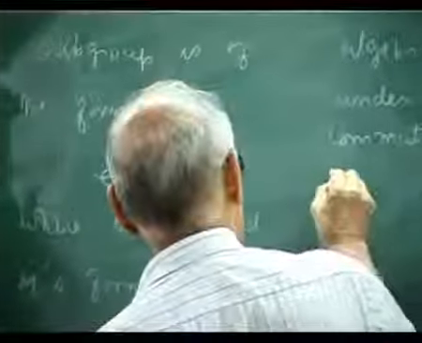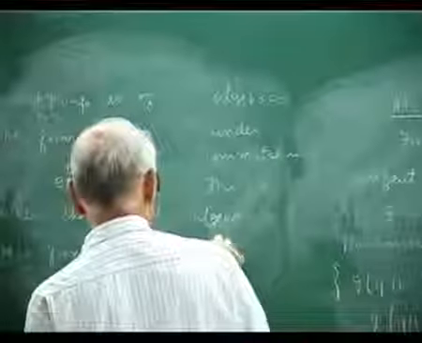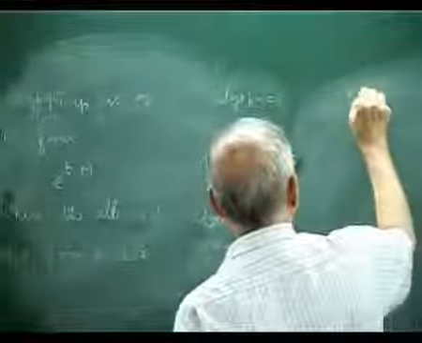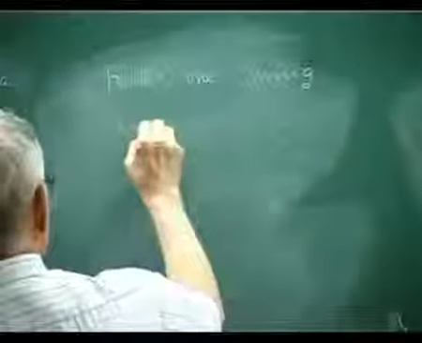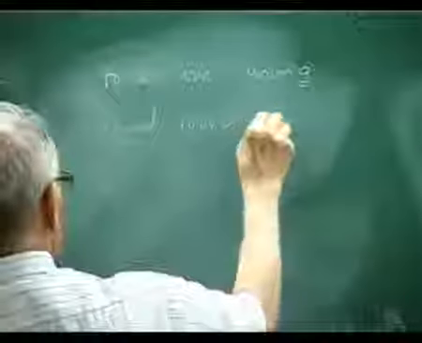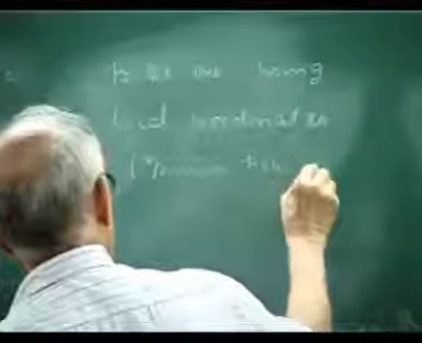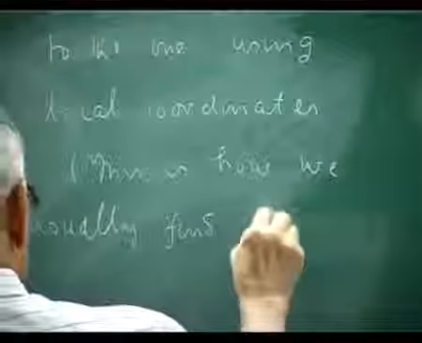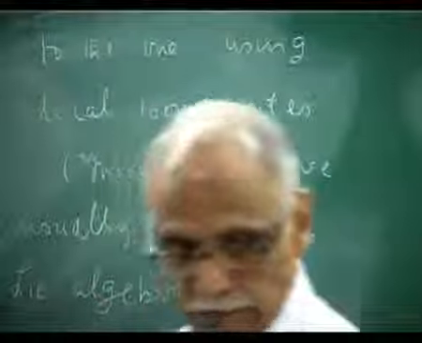This Lie algebra is isomorphic to the one using local coordinates. Okay. Emphasis. This is how we usually find the Lie algebra. We don't normally go through the other one.